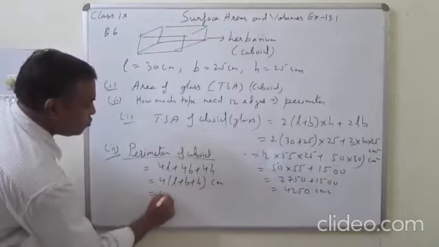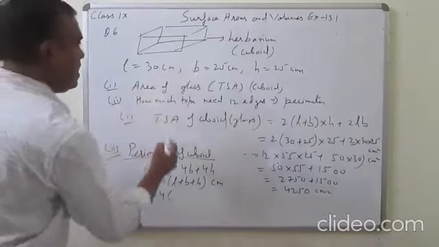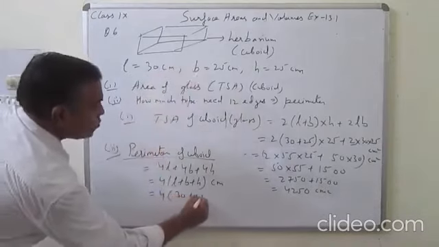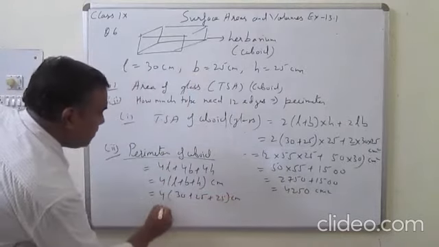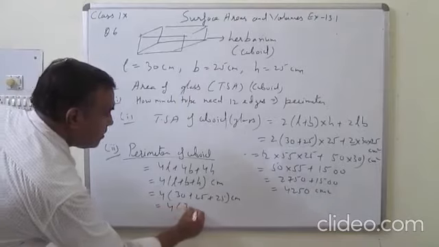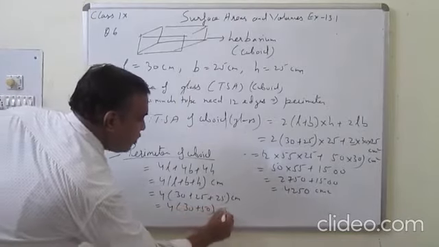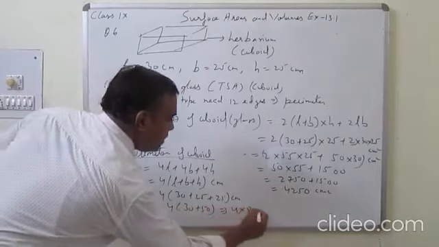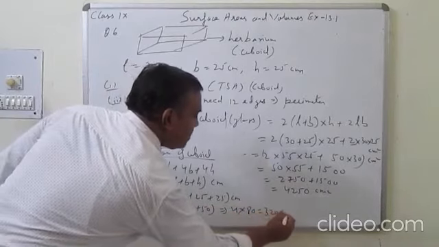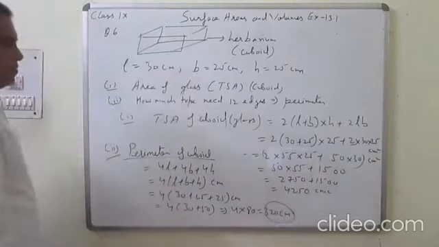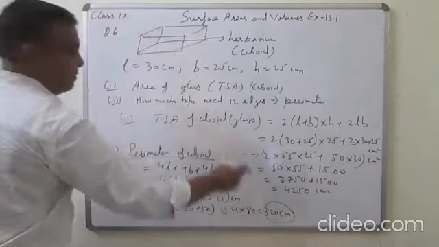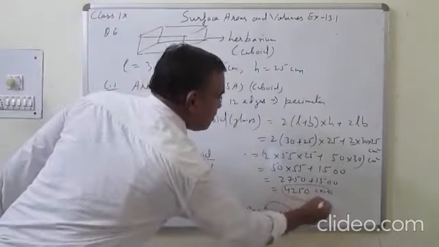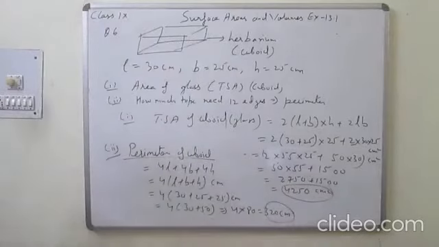Now putting the values, L is 30 plus 25 plus 25 centimeter. So it becomes 4 into 30 plus 50, that is 4 into 80, so 320 centimeter. This is the tape required for pasting. Perimeter is this, and area of glass pane is 4250 centimeter square.